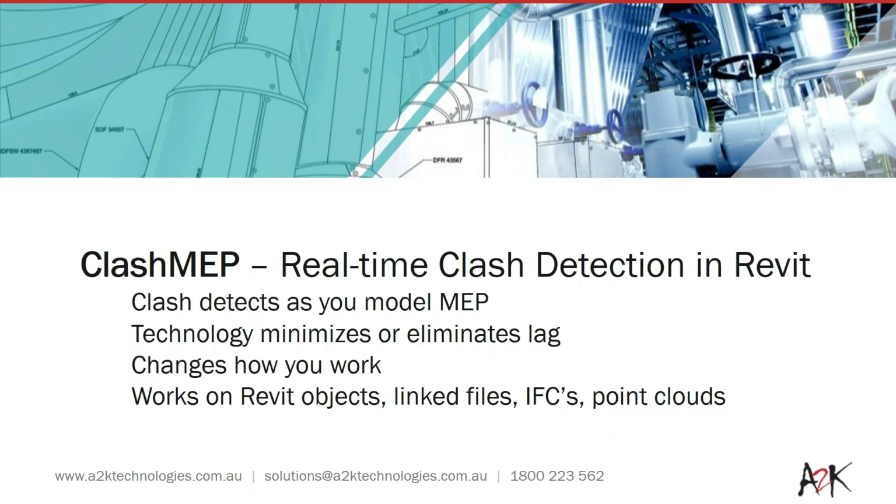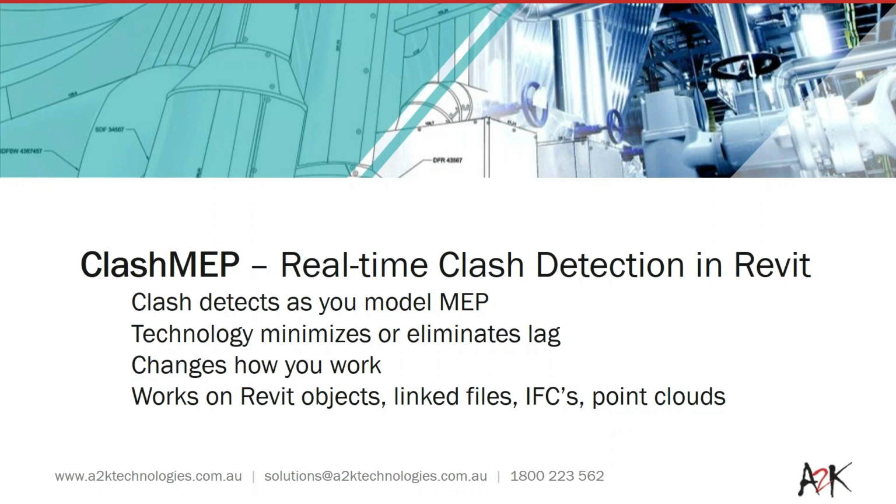So in short, the main explanation of the tool is that it integrates clash detection into your modeling workflows by providing real-time visual identification and reporting of clashes within the Revit window. Through this demonstration, I'm hopefully going to show you that in action, and how we can report that live in Revit.